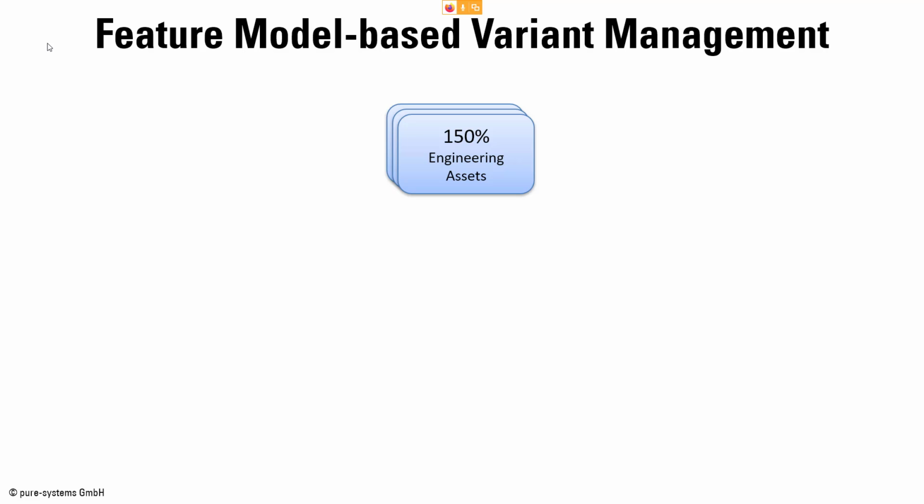And the existence of the non-common part in a specific variant is controlled by so-called features that live in a feature model. That's the second concept that pure::variants makes use of here.